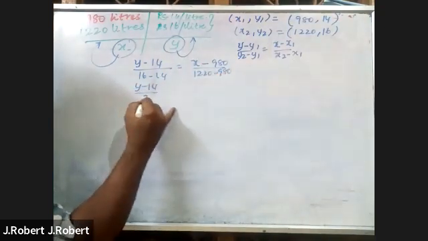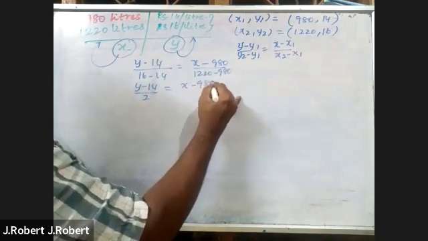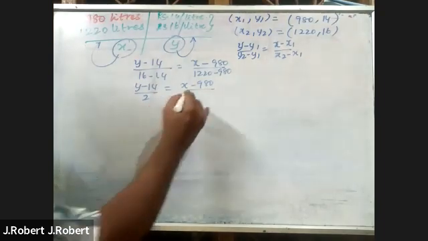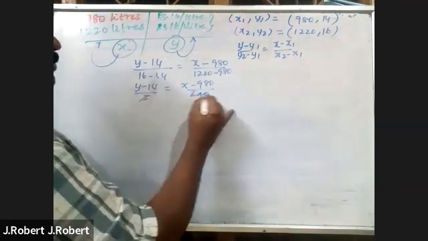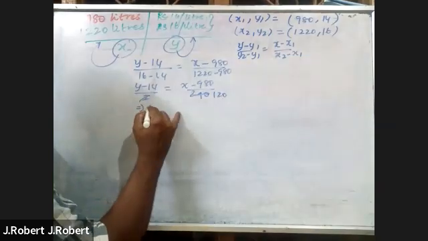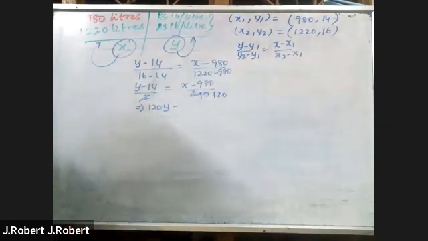We'll get y minus 14 by 2, x minus 980 divided by 240. So again we'll get 120. Cross multiply. We'll get 120 into y minus 14 into 120, which is equals to x minus 980.